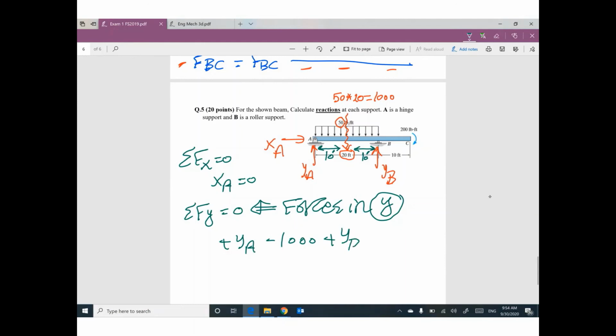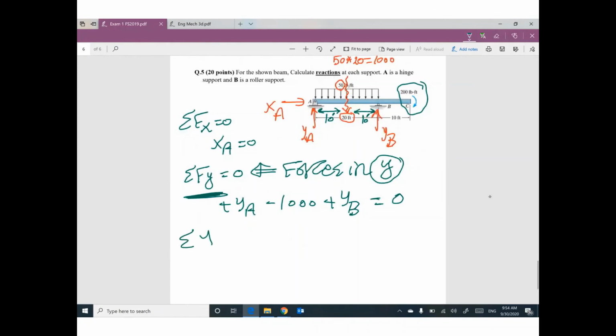My question is, do you think 200 is a force? I need an answer. Do you think 200 is a force? No. 200 is not a force, it's a moment. So this equation is related to forces, so I cannot include 200 within this equation. Equals 0.